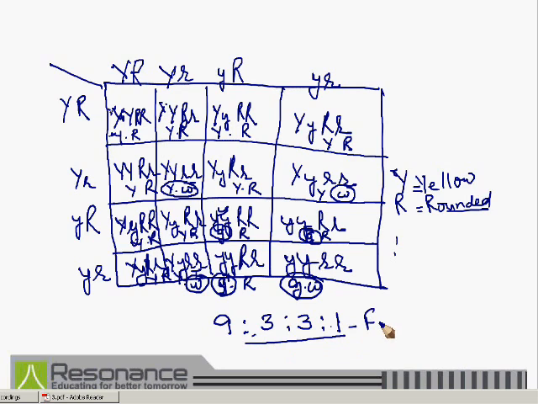So the ratio of genotype as well as phenotype in Mendel's dihybrid cross is 9 to 3 to 3 to 1, where 9 stands for yellow and rounded seeds, 3 for green and rounded seeds, 3 for yellow but wrinkled seeds, and 1 for green wrinkled seeds.